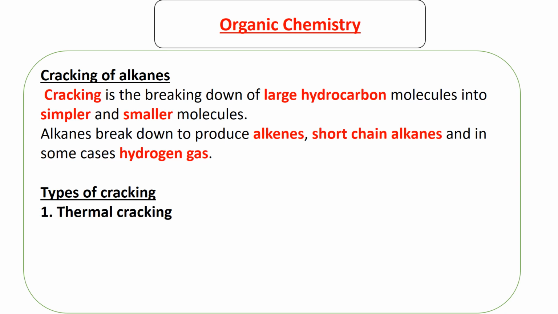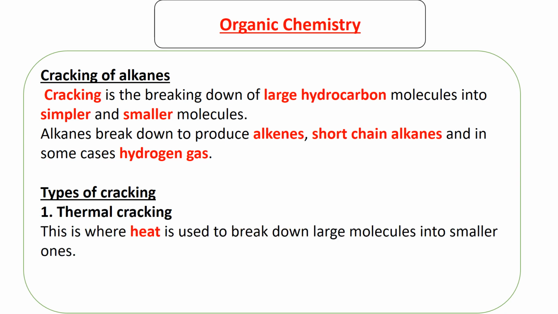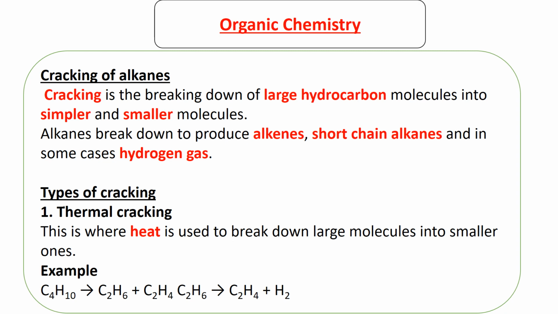The first one is thermocracking. In thermocracking, heat is used to break down large molecules into smaller molecules. An example of thermocracking is this, where we have butane. After being heated, it breaks into this ethane, C2, 2 times 2, 4, yes, it's ethane, plus this ethene.